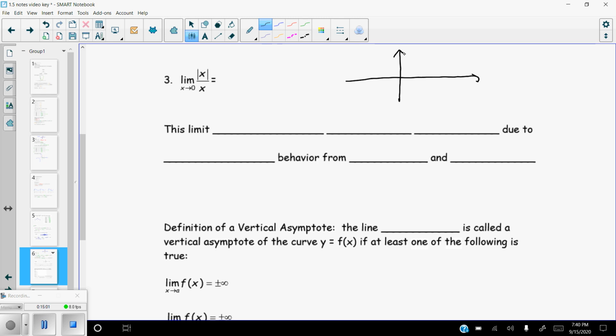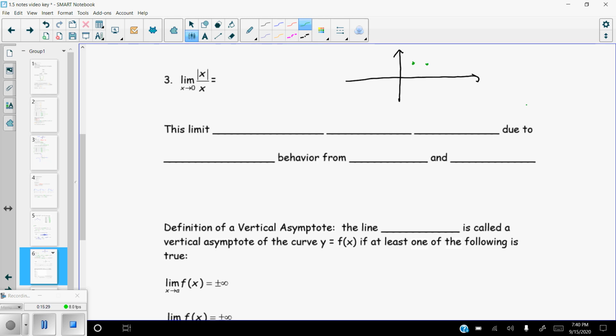There's a little bit more to this one. If I were to plug in values to the right of 0, any positive values, start with the easy ones. If you plug in 1, you get the absolute value of 1, which is 1, over 1, which is still 1. If I plug in 2, I get 2 over 2, which also is 1.